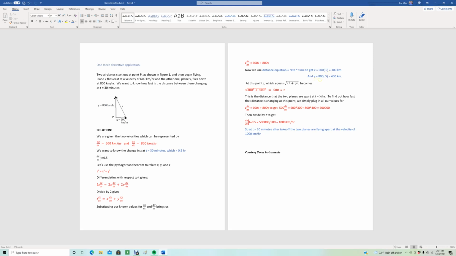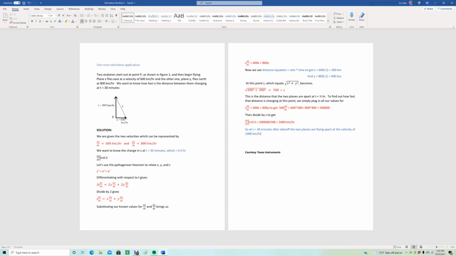And y equals 800 times 0.5, and that would equal 400 kilometers. So at this point, we can get z, because z equals the square root of x squared plus y squared. That becomes the square root of 300 squared plus 400 squared, and that equals 500 kilometers. This is the distance that the two planes are apart from each other at t equals 0.5 hours.